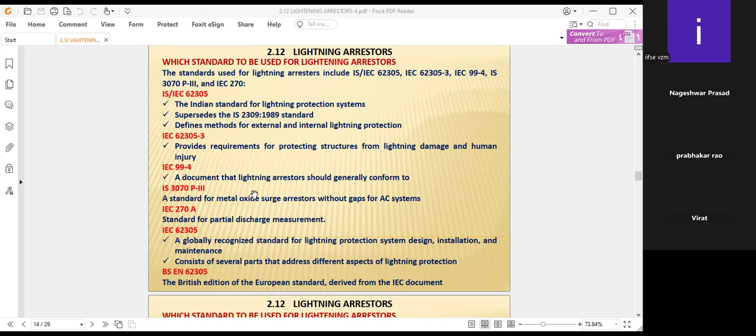Here, IEC 62305 is used for the conventional lightning arresters.